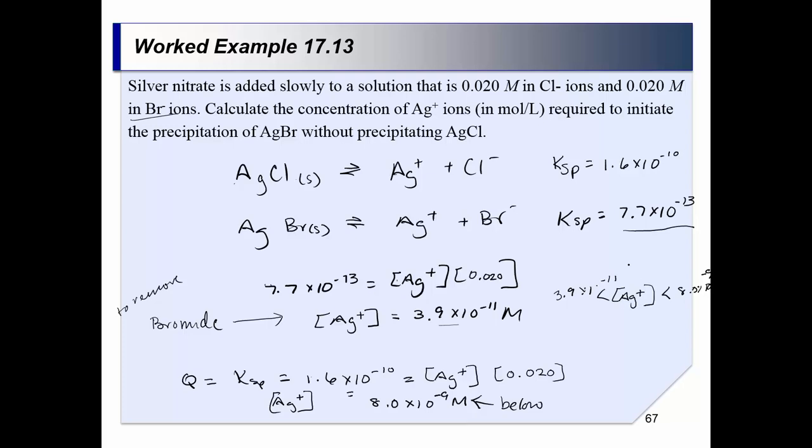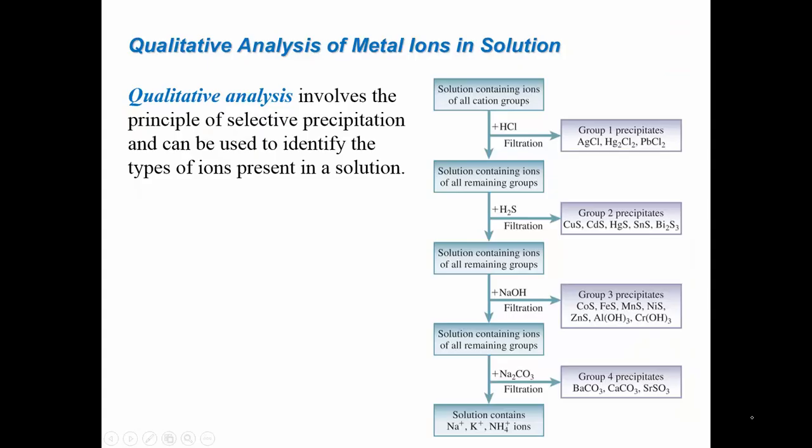Using selective precipitation is a common technique in general chemistry laboratories where we can determine the identities of metals based on what precipitates. So if we have a solution containing ions of all cation groups and we start with hydrochloric acid, if we get precipitates, we know we have either silver, mercury(I), or lead.